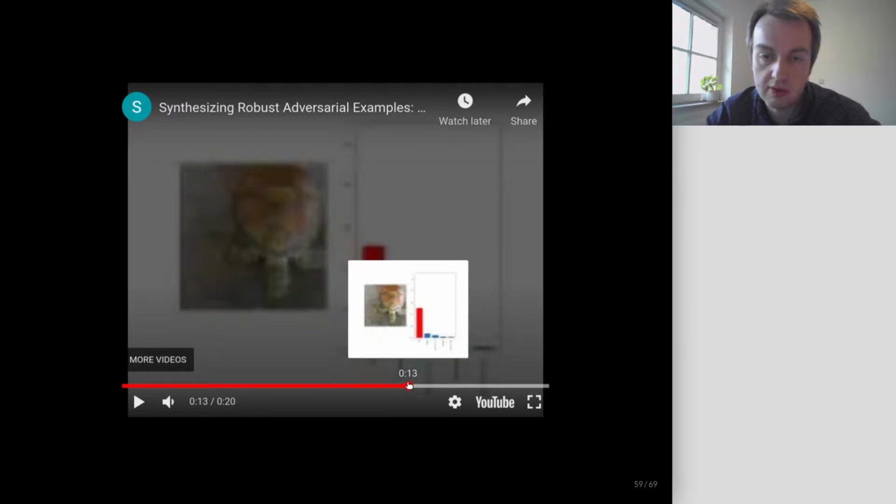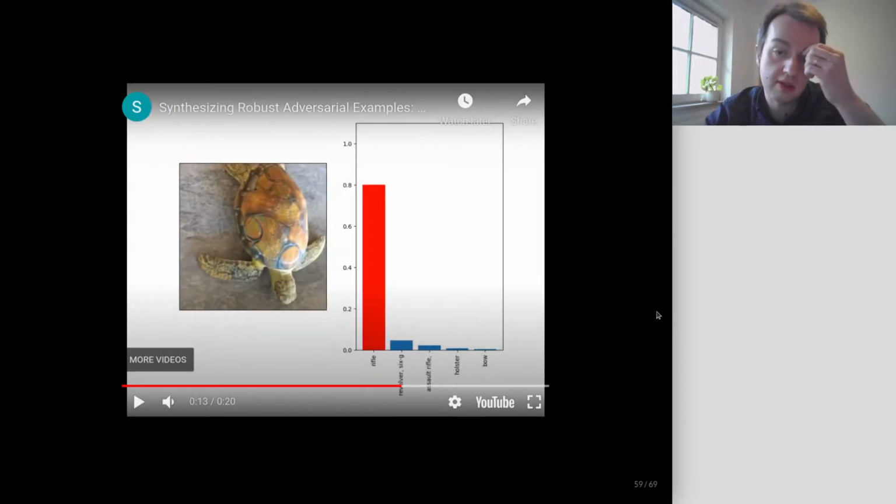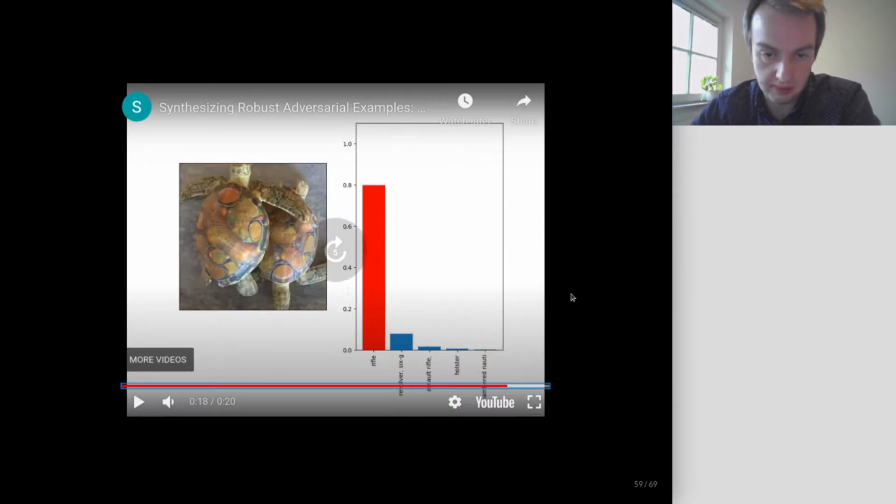It's just a turtle for us. But the network thinks with high confidence it's not, and it's a rifle. And you see that the next significant predictions are not even about turtles. The next one is a revolver, which is still a kind of rifle, an assault rifle, a holster, and then a bow. So plain wrong.